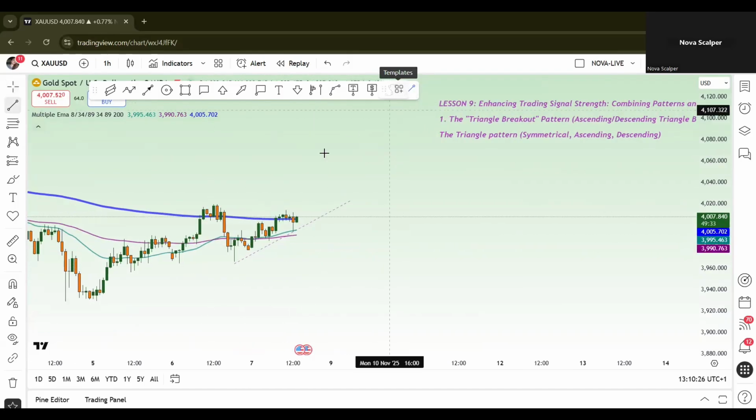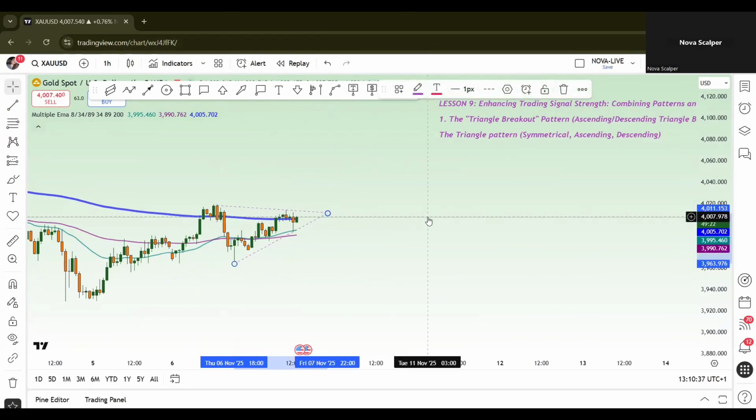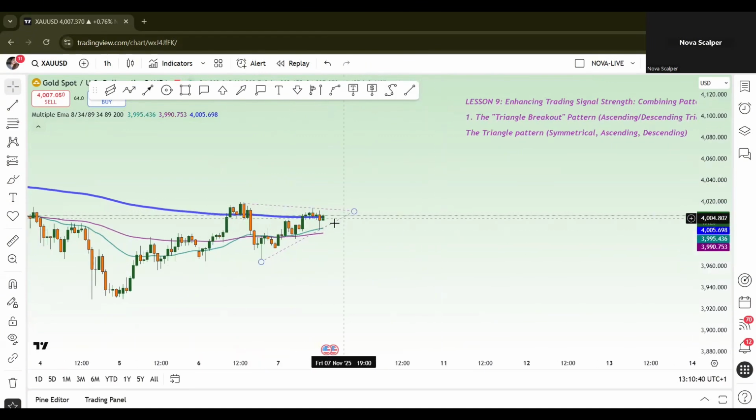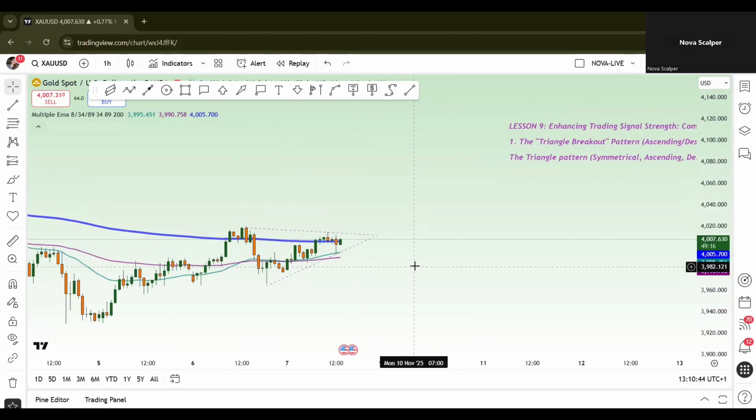And then we connect the higher highs together. As you can see, it's forming nearly a triangle. Now we are waiting for the breakout or breakdown candlestick to form, and it depends on the market.